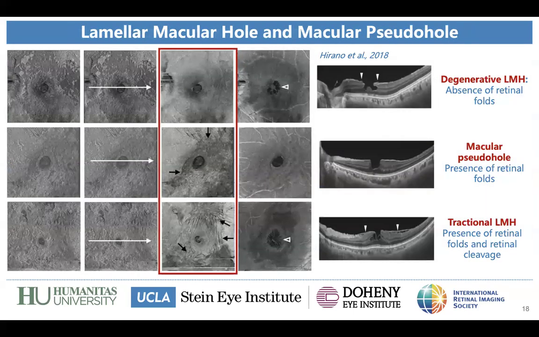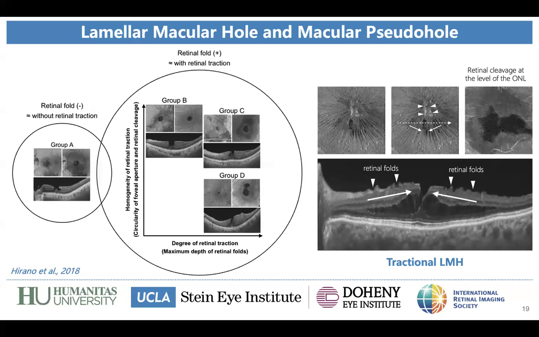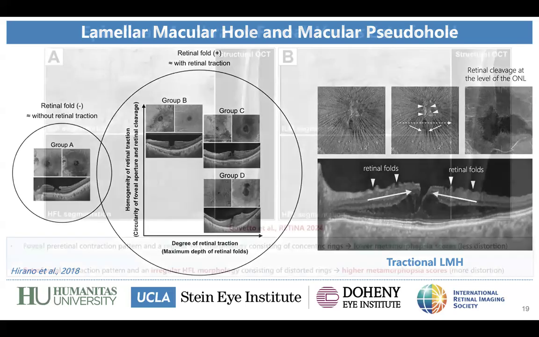En face OCT in the context of the vitreoretinal interface can also be applied to the study of macular holes, and in this context we can actually visualize the presence of retinal folds and retinal cleavage, and this allows us to have a different idea of the pathogenesis of this lesion, which is tractional in the context of tractional lamellar macular hole, therefore potentially requiring surgery, versus a more degenerative pathogenesis in the context of what are called degenerative macular holes.